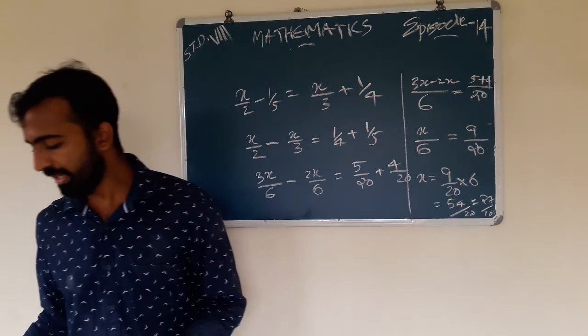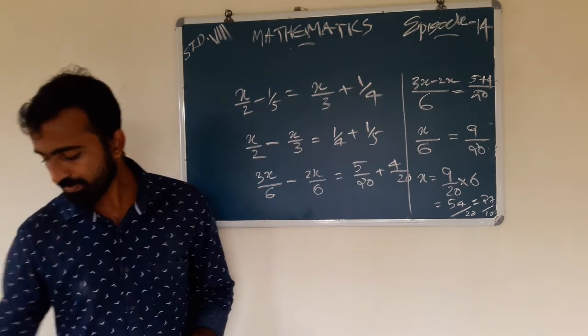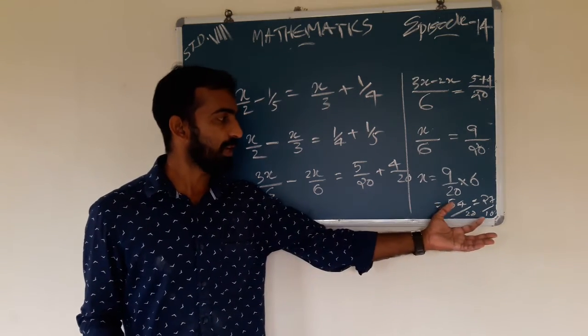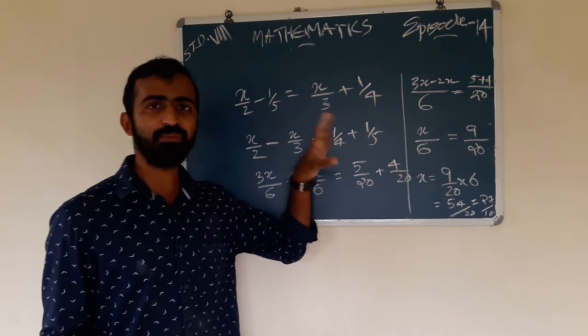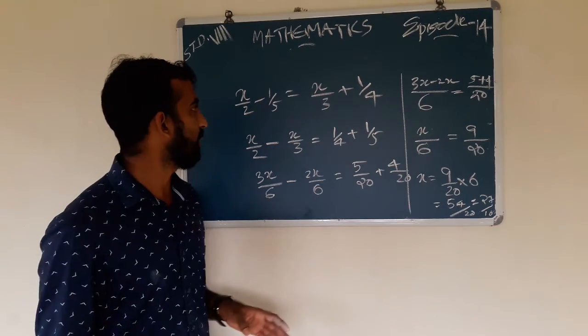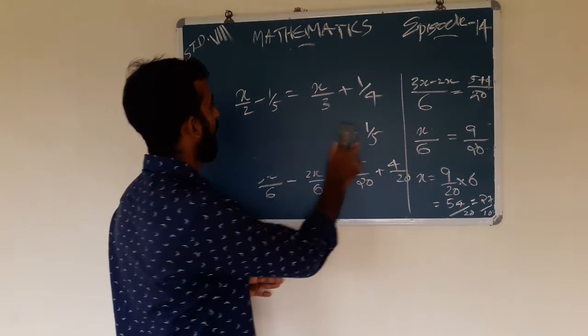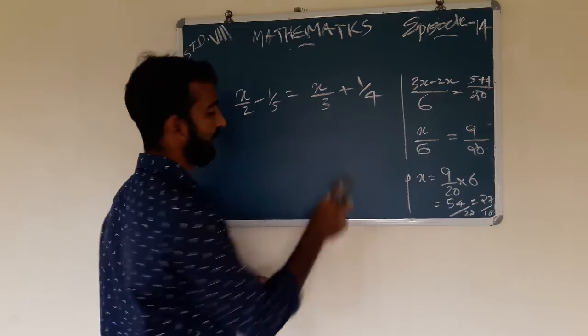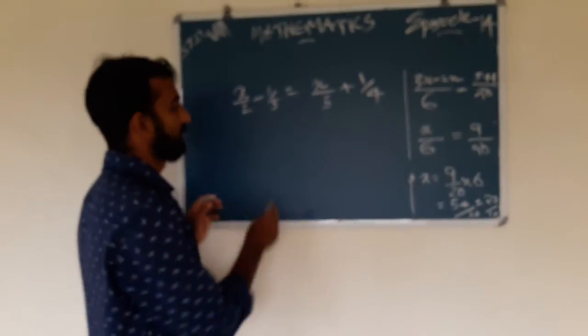And we can also check the value of x on the left side and right side. Our left side is x by 2 minus 1 by 5.